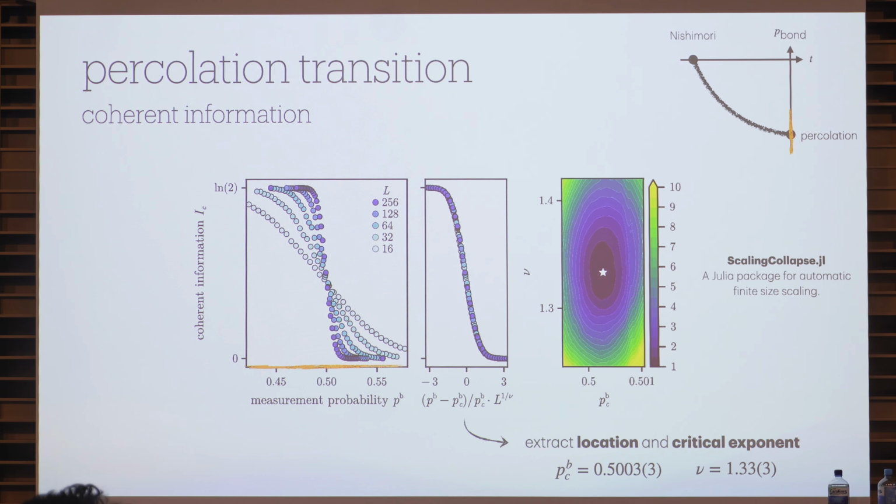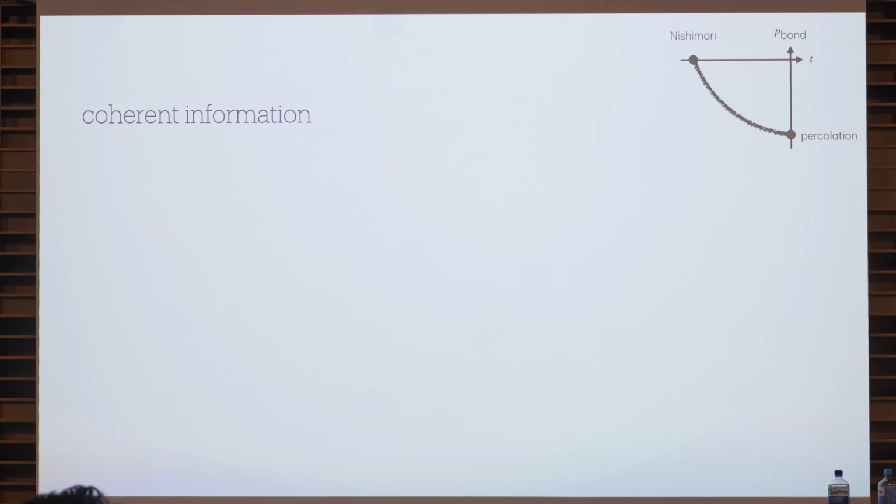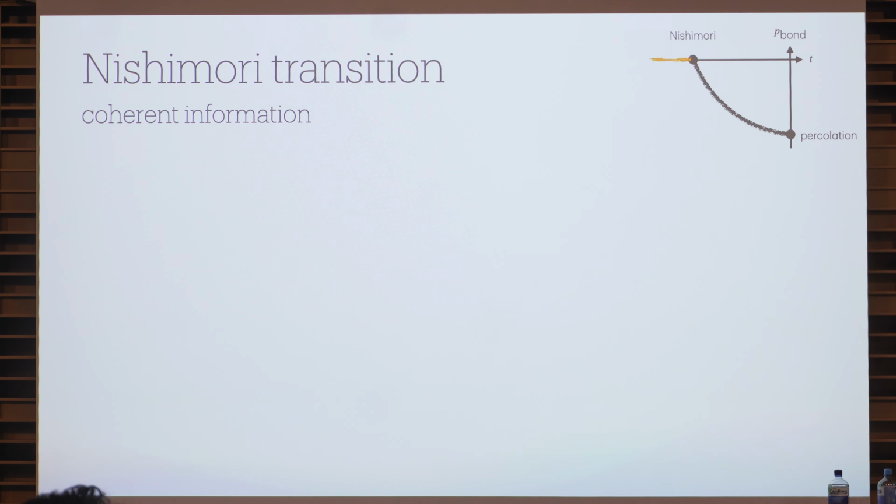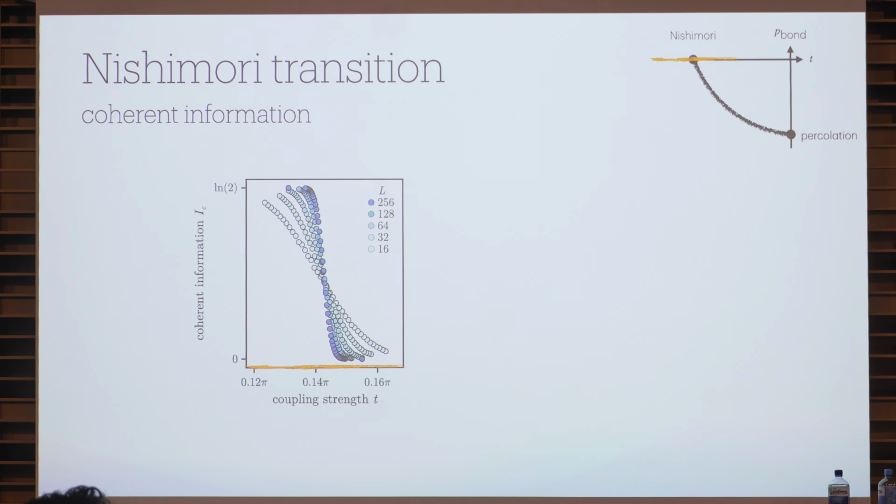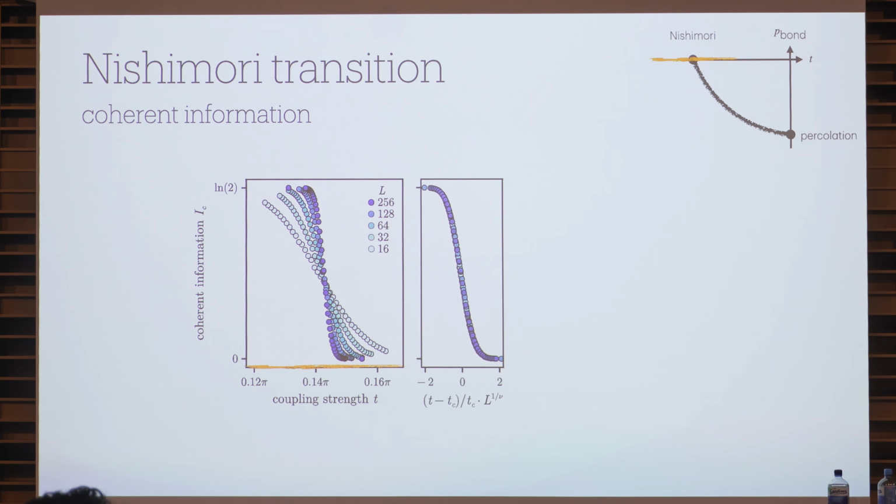Right. So now that we talked about this percolation transition, and we see that this very much agrees with what we know from analytical results, let's look at the Nishimori transition and do the exact same thing. So we cut along here, and again, we plot the coherent information. And we see that this looks very, very similar. We again do a scaling collapse.